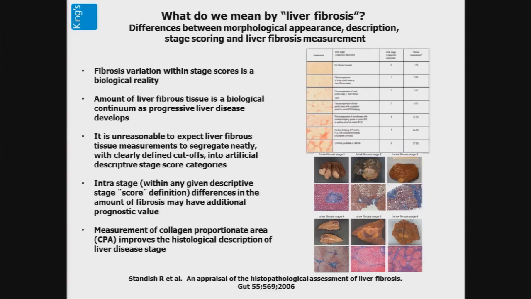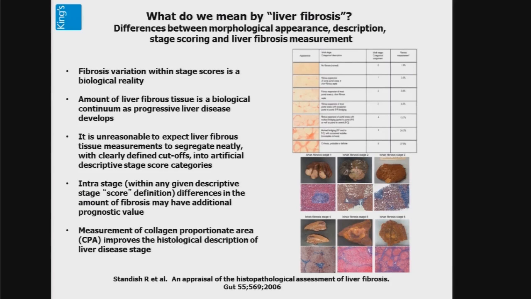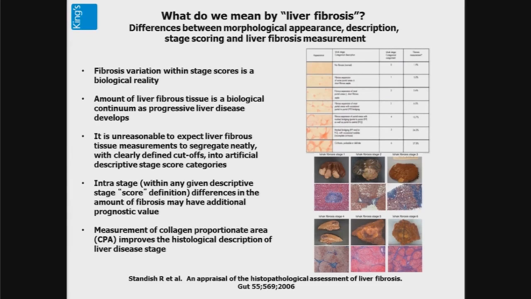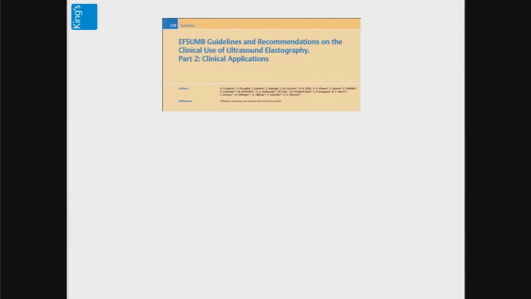So it may be that you're going to have established over a period of time continuity in changes on the histology to cope with your new techniques of measuring velocities in continuity through the liver. So that may come in time. And certainly there are moves to measure a different entity called the collagen proportionate area, which gives you a better idea of the degree of disease in the liver and correlate that with your elastography scores.